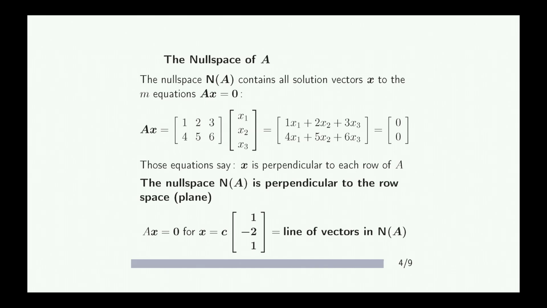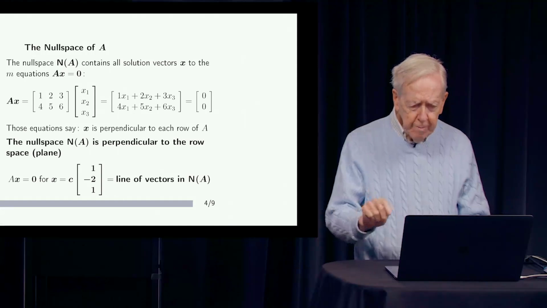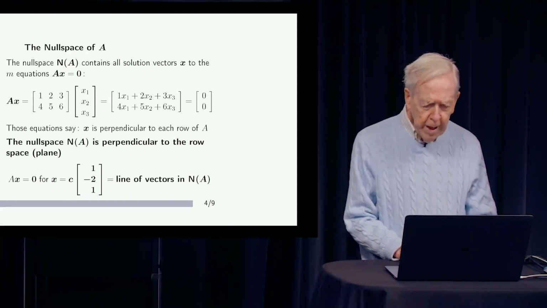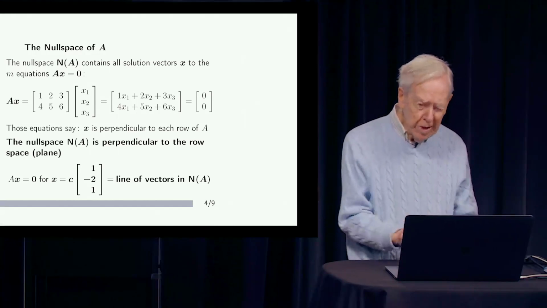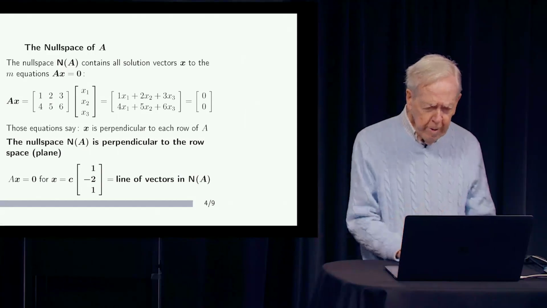I did the multiplication, and I've got dot products there, and now I'm setting them to 0. Do you see any x1, x2 and x3 that work? I have 2 equations, both with 0 on the right-hand side. And they have a solution, because I have 3 unknowns and 2 equations, so there should be some freedom here.